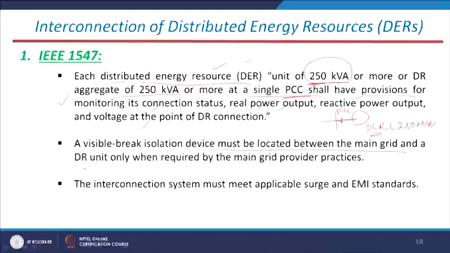And next, a visible break isolation device must be located between the main grid and the DER unit when it is required by the main grid provider. Some connecting device should be present between the DER and the main grid system, that is also very important. And the interconnection system should meet the applicable surge withstand and EMI, electromagnetic interference, standards.